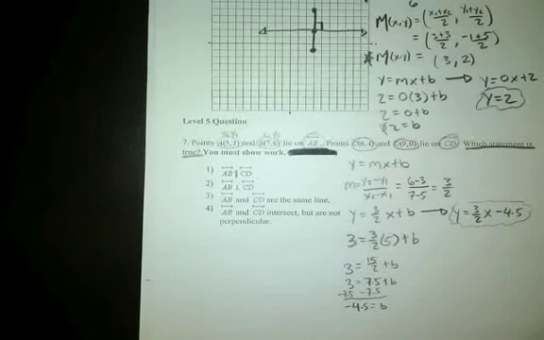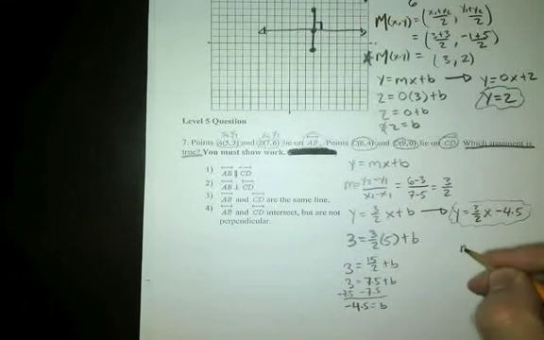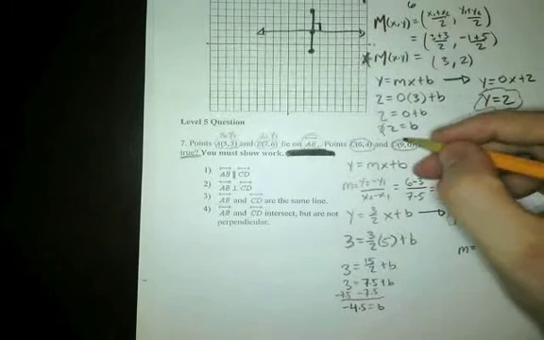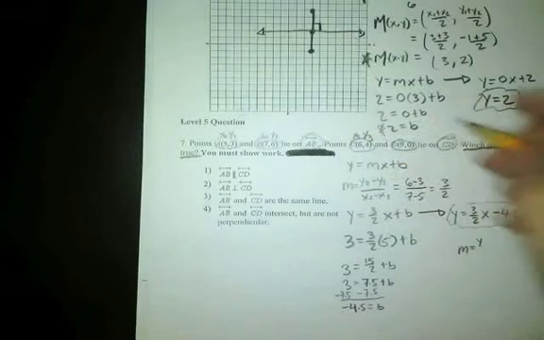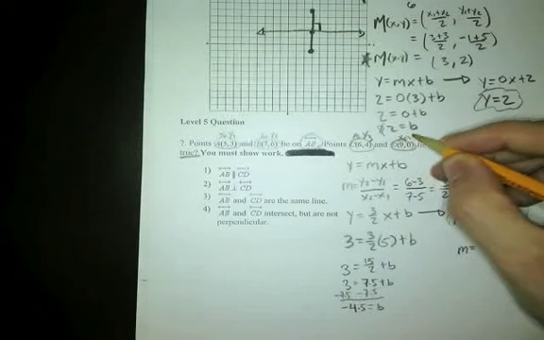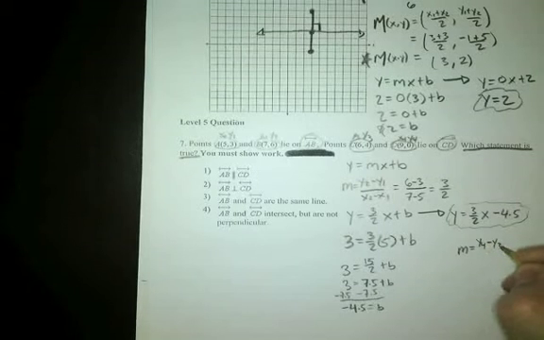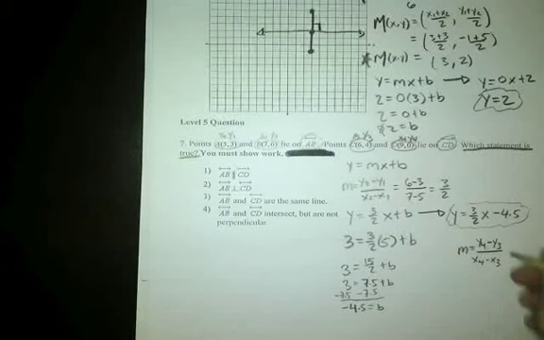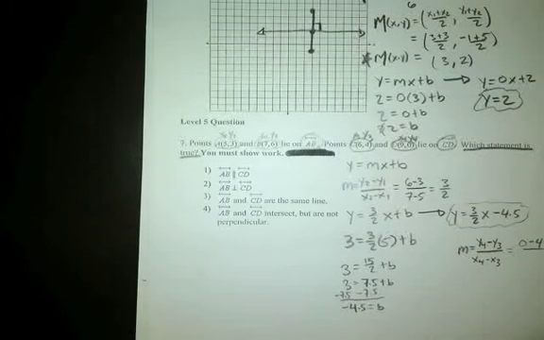Going to do the same thing for the second line, CD. I'm going to find the slope first, which once again is here. I'm going to call this x3, y3, and x4, y4. So my slope is going to be y4 minus y3 over x4 minus x3, which in this case is 0 minus 4 over 9 minus 6.